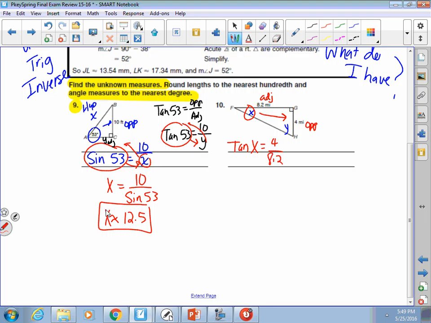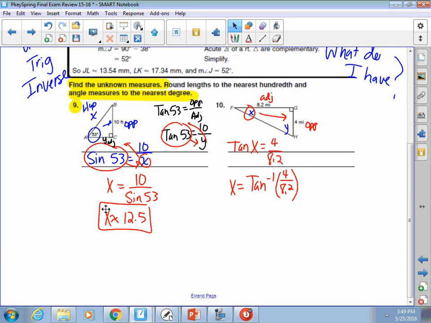Alright, so because we're trying to find an angle, x is equal to tan inverse 4 divided by 8.2. So whenever you're finding variables on the inside, you take the inverse, okay? If variables on the inside, you take the inverse.